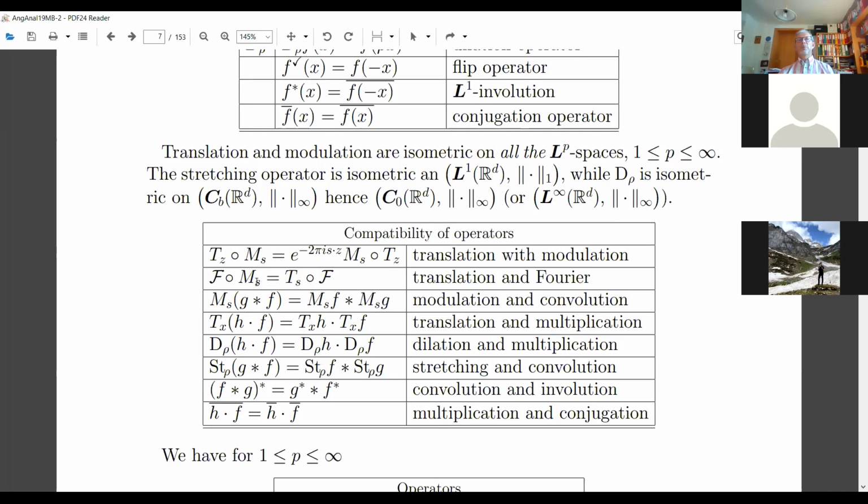So you multiply with frequency 5, then the Fourier transform of the modulated thing is just the Fourier transform of the original one, but shifted by 5. So that's what you would get from your keyboard when you hit the transposition key. It's nothing else but a frequency shift. So that's why modulation is viewed as frequency shift.